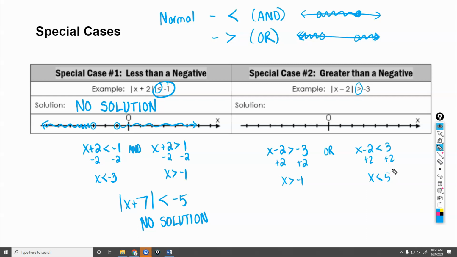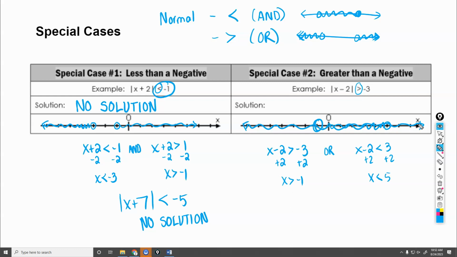So if I graph it, I would have my 5 up here, and I would graph everything less than 5. And then I'd have negative 1 right here, and I'd graph everything above negative 1. But this is an OR problem.